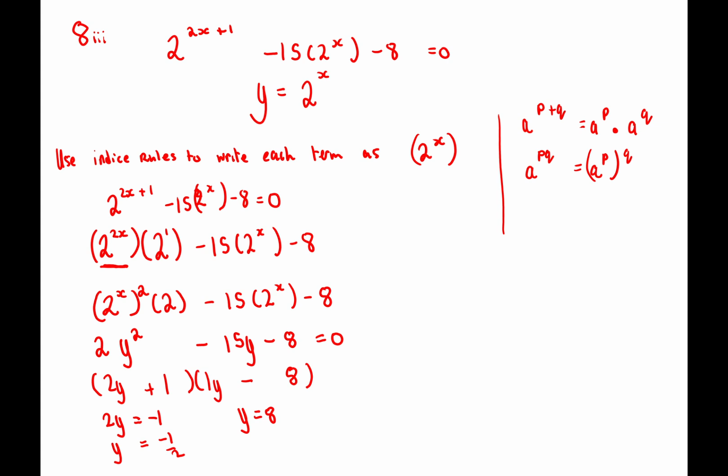So y cannot be a negative number. See, y is 2 to the power of something. You cannot make a negative number here. It doesn't matter what your exponent is, you will never get a negative number. So y cannot be minus 1 over 2. So we now need to solve for x.